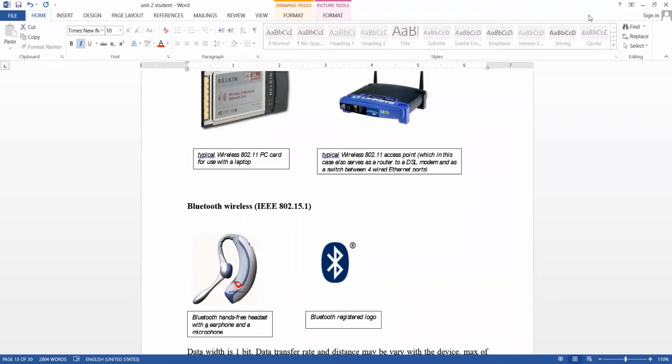Around 1,000 rupees. Bluetooth Wi-Fi adapters are there. You can buy them and plug them in through the USB port. Then your desktop also has Bluetooth and Wi-Fi, right? So that is possible. Adapters are there. You can buy them separately and plug them into the USB port.